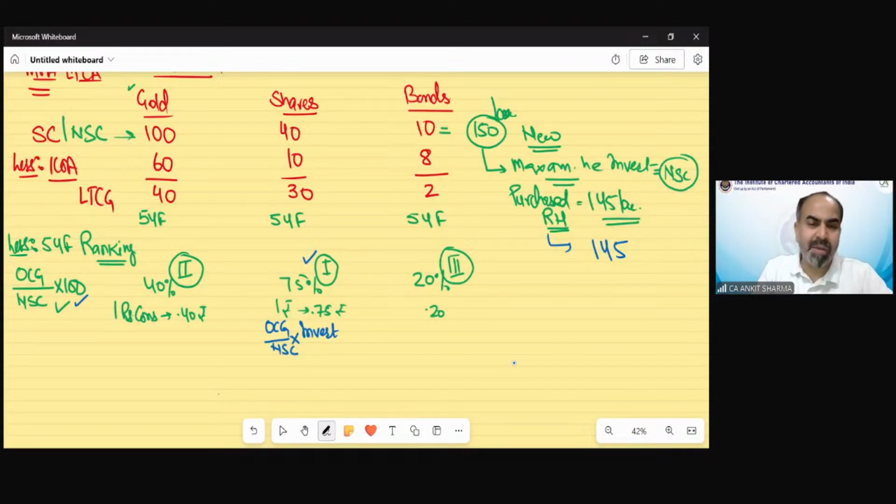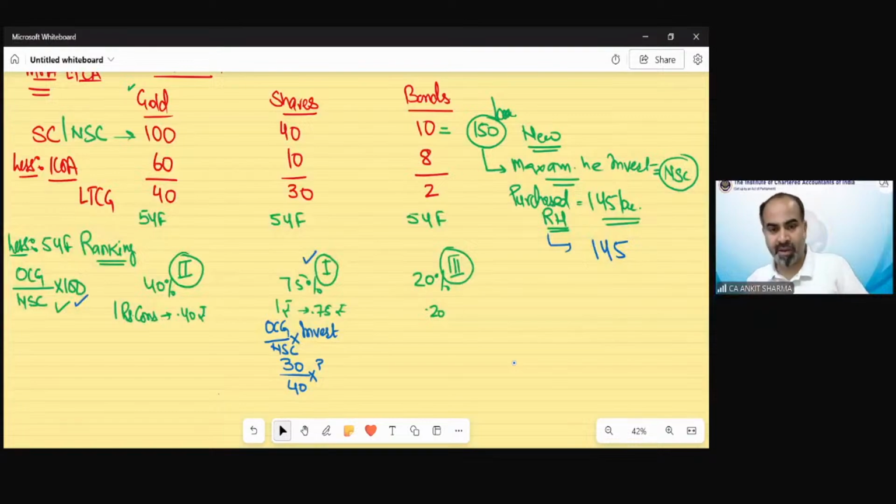Original capital gain is 30 lakh, net sale consideration is 40 lakh. What should be the investment amount I should write down over here?